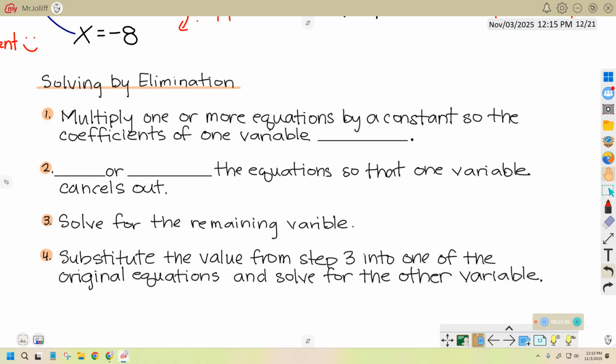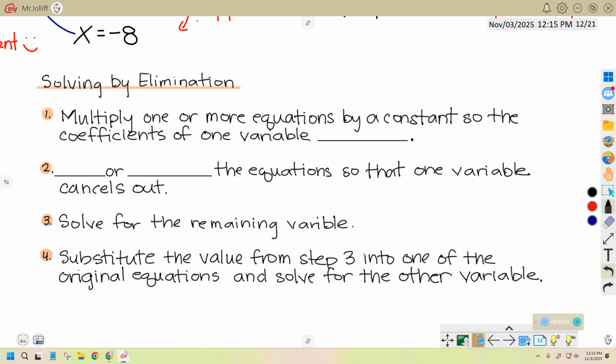Thus the elimination. The first step is we look at our equations and we are looking for matching coefficients. So I check the x's, do the numbers in front match? I check the y's, do the numbers in front match? I want matching coefficients on one of the variables.